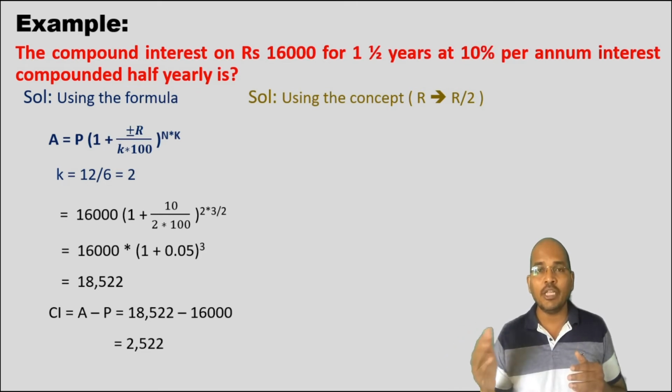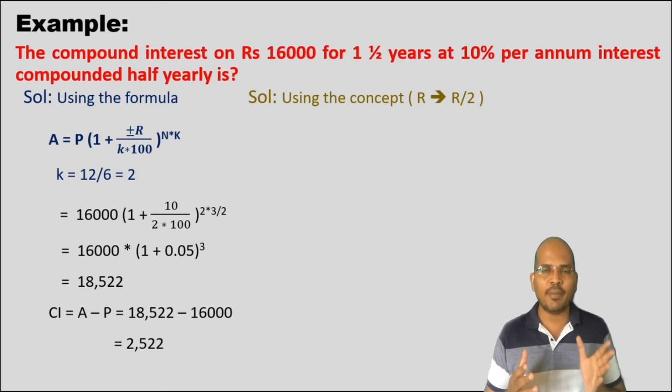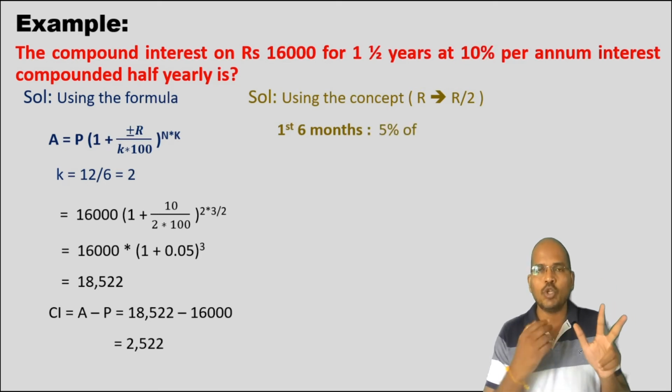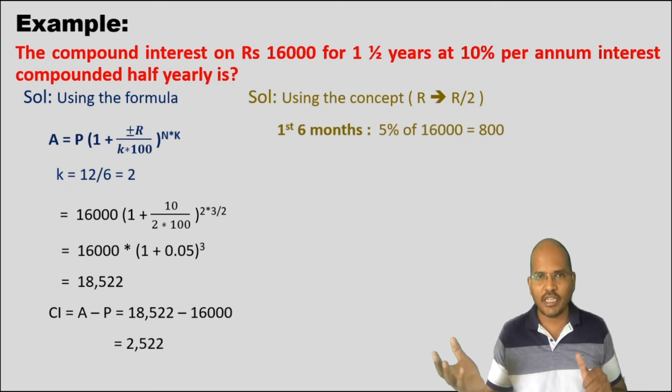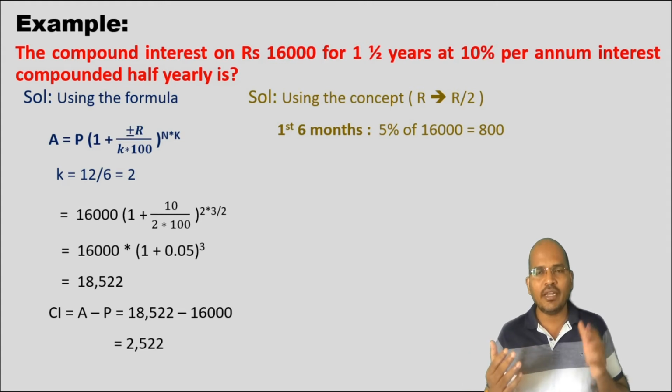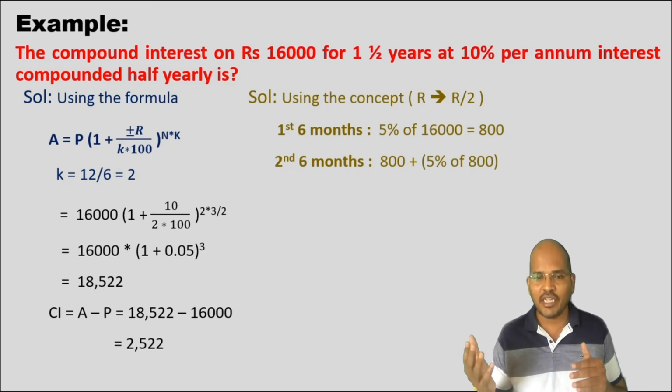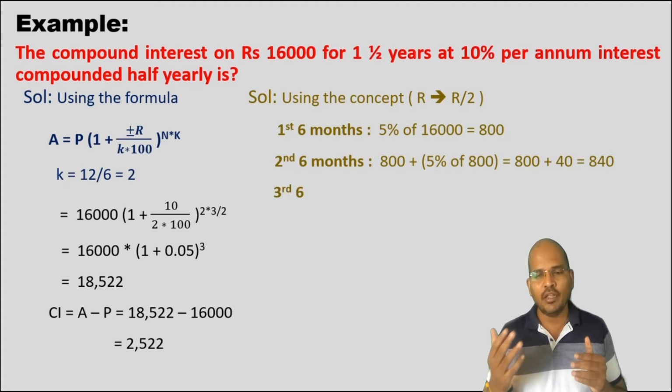Now going ahead, let us use the shortcut, the concept. In the concept, we have learned that R becomes R by 2 as it is half yearly. For 1.5 years, first 6 months, second 6 months, third 6 months. So do it 3 times. For the first 6 months, you calculate the interest as 5% of rupees 16,000, that is 800. Yes or no? Now for the second 6 months, we take 800 and calculate 5% of 800, and that would be 40.